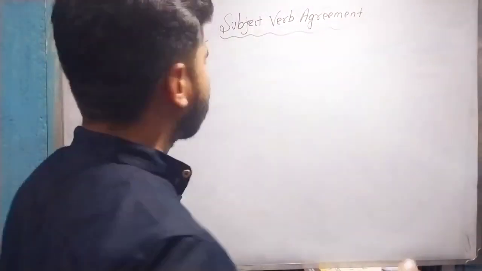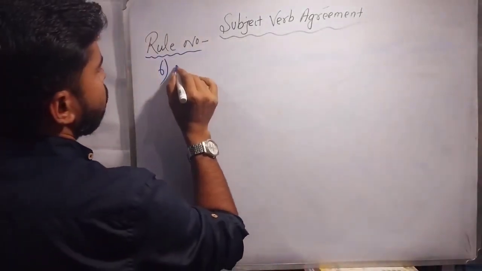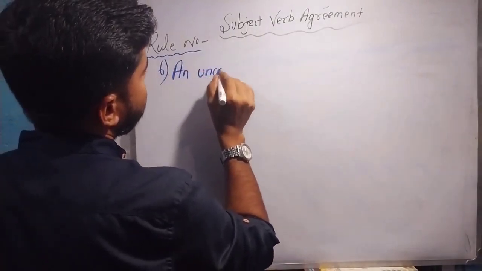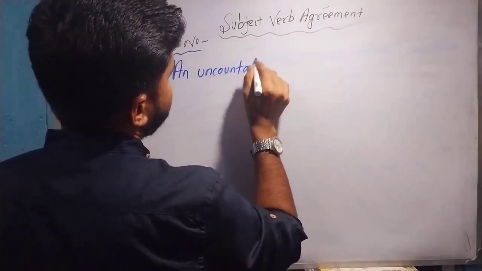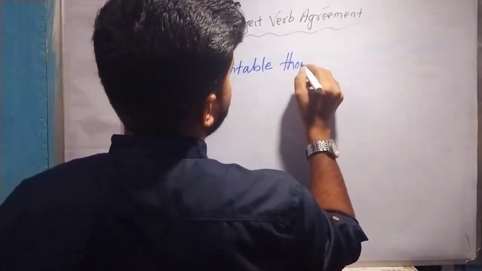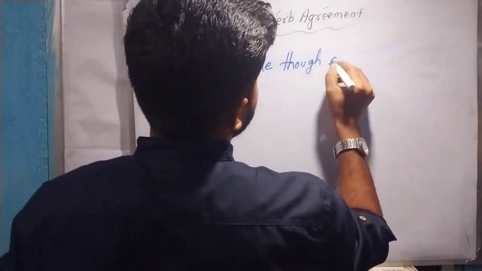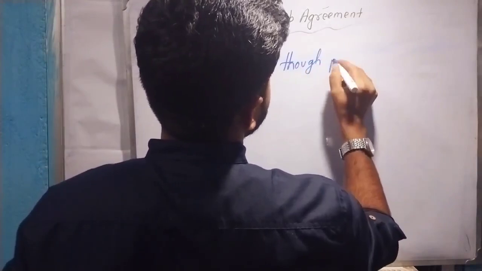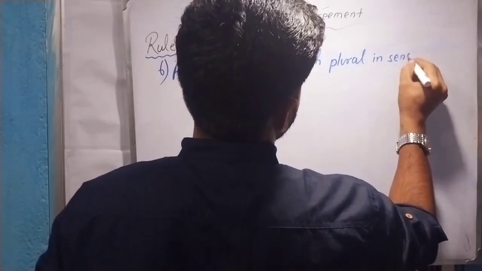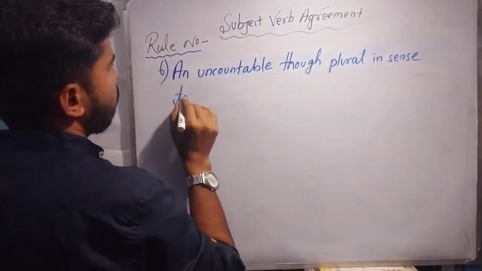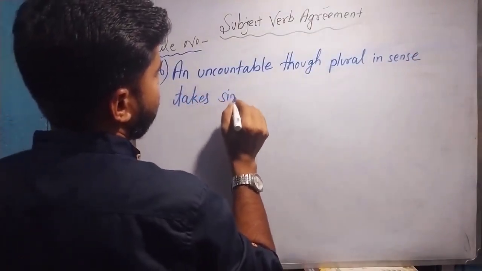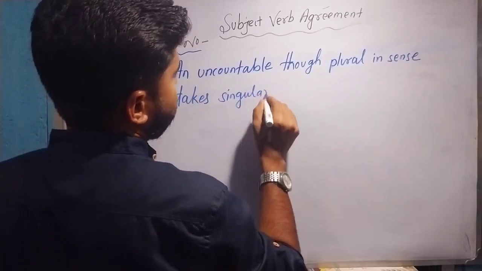In the sixth rule, I can include: an uncountable noun, though plural in sense, takes a singular verb.